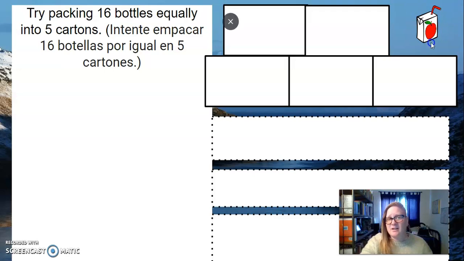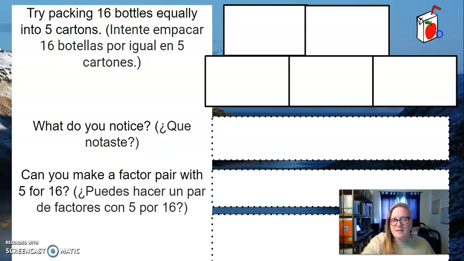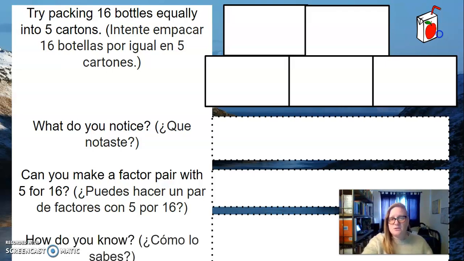There are 16 here. So try packing them equally in here, okay? And then after you're done with that, answer the following questions. What do you notice? Can you make a factor pair with 5 for 16? And how do you know? Okay, so do that before moving on to the next slide.